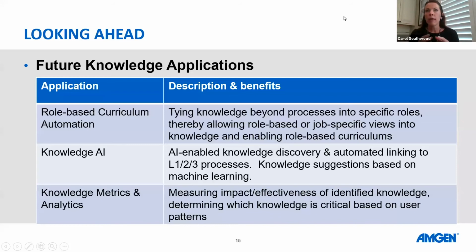Now, that was done within IServer. So we had the naming convention for each of those processes. And a lot of that is industry standard for us. So we had a framework, but there were some Amgen nuances that we had to capture within that system.